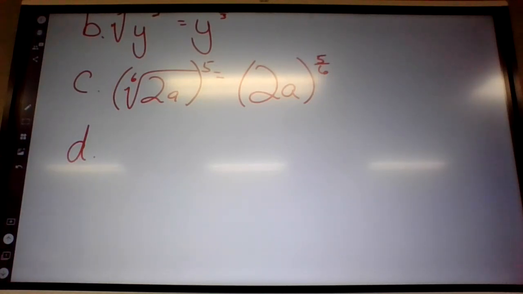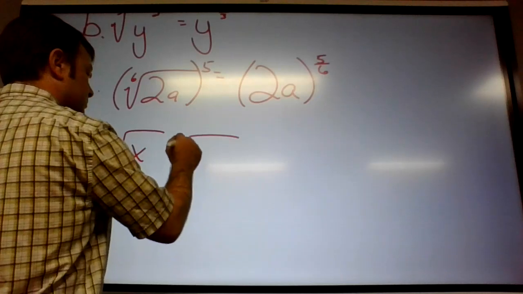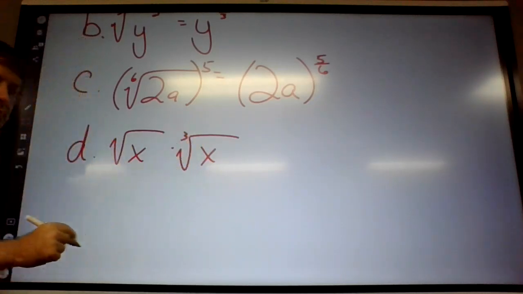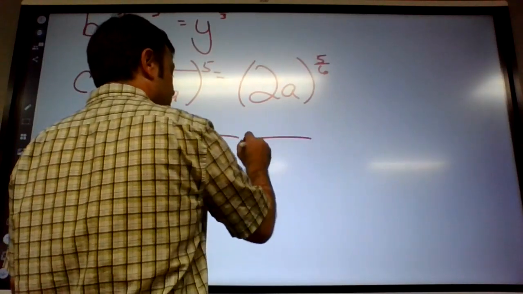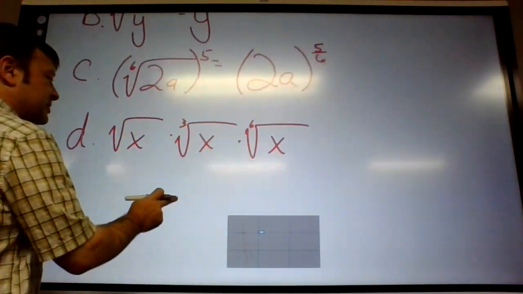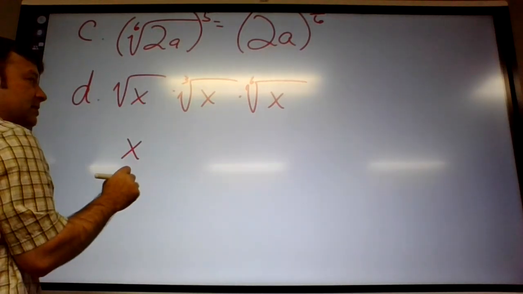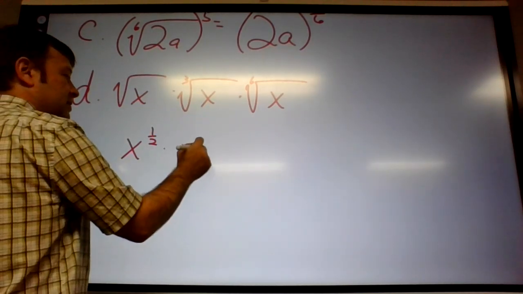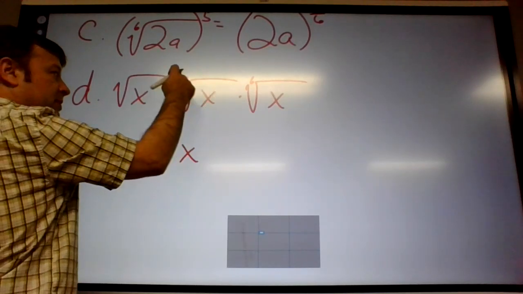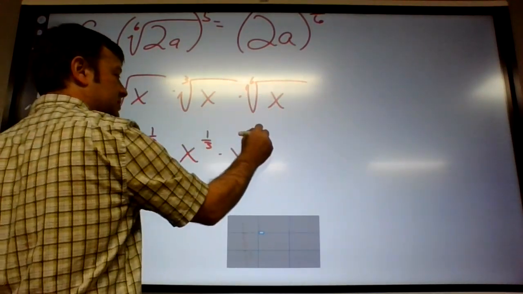Okay, D. We're gonna have to simplify D first. You know, it's not that annoying. You just gotta get used to it. Okay, so let's change each of these individually. The first one is x to the what? 1/2. x to the 1/3. And x to the 1/6.